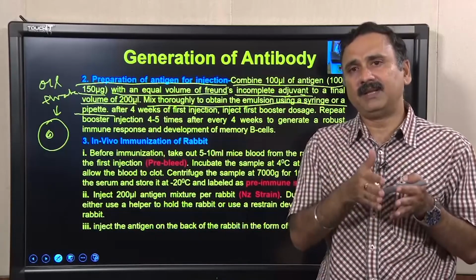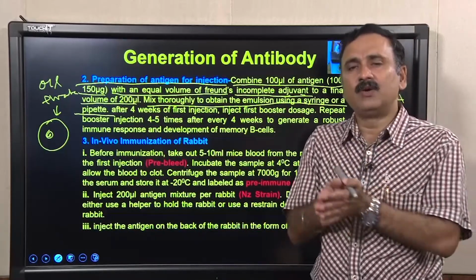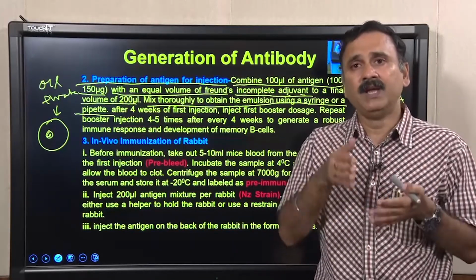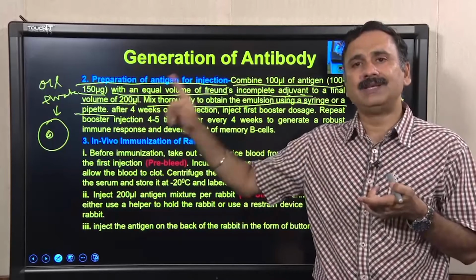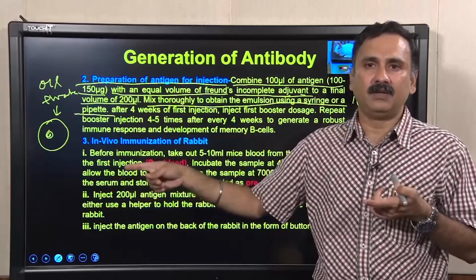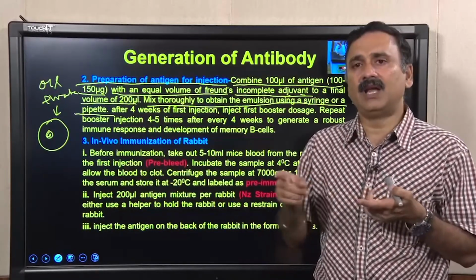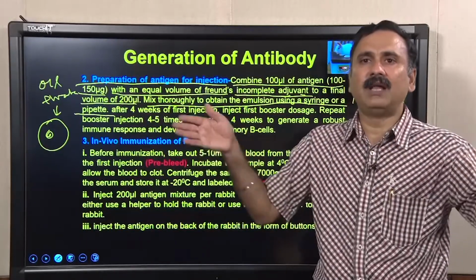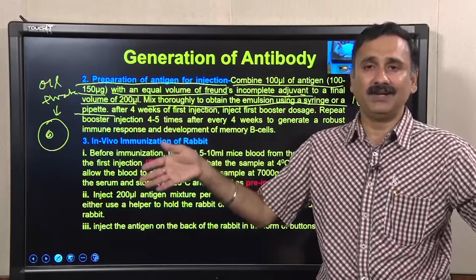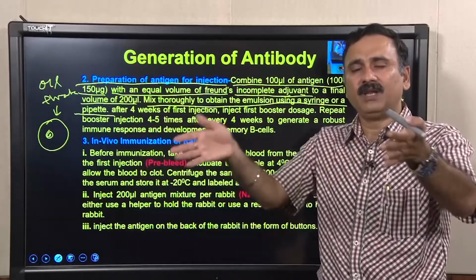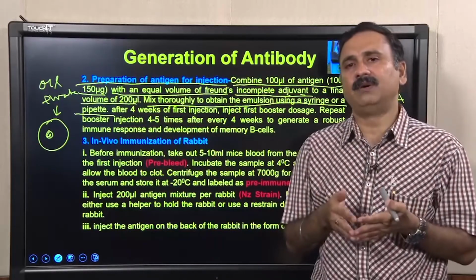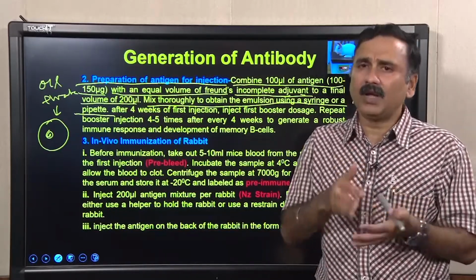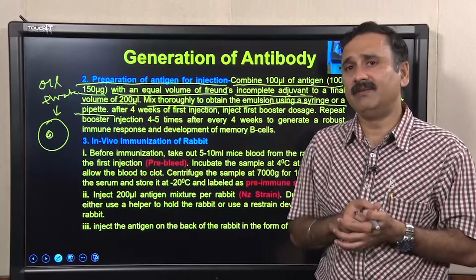If the antigen is cleared from the site of injection very soon, then you are not going to challenge the animal for a long time. The antigenic response will not reach a very large chunk of the B cells or T cells. It will spread to only a very small population of B cells and T cells, and because of that the overall immune response is going to be very low.